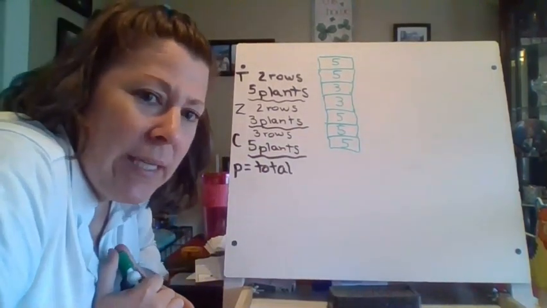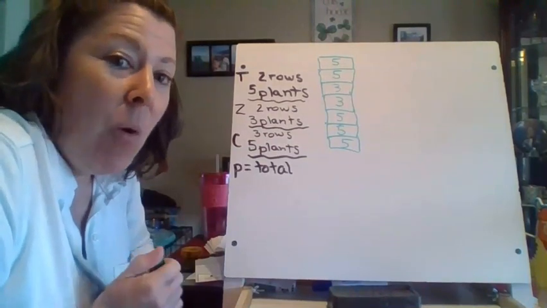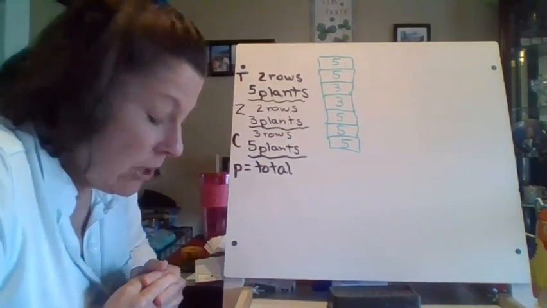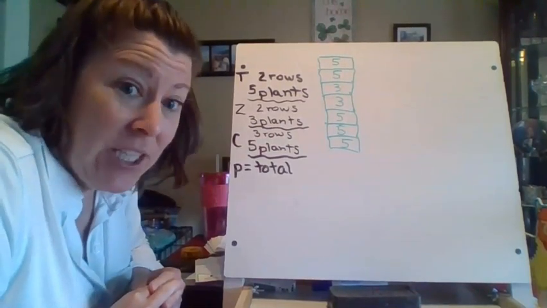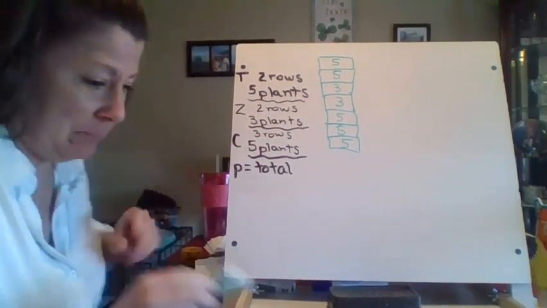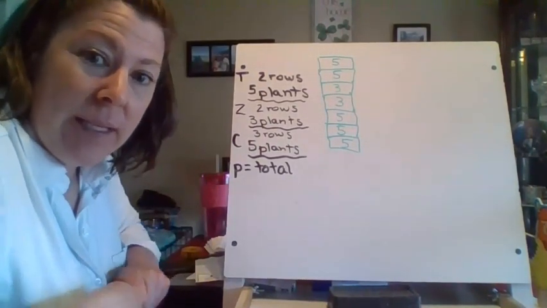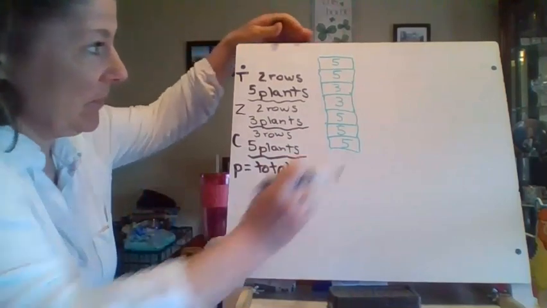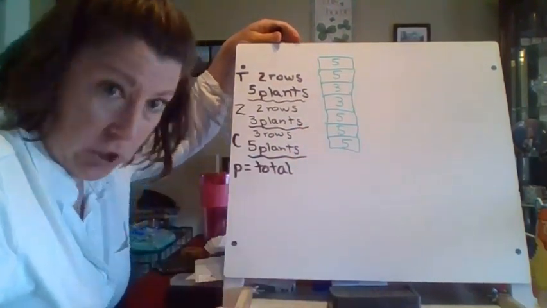Now, this really isn't a very challenging problem. What I'm challenging you to do with this problem is to write out a really great equation as to how to solve it. Now, I know that here's all of the plants, and I'm looking for a total.